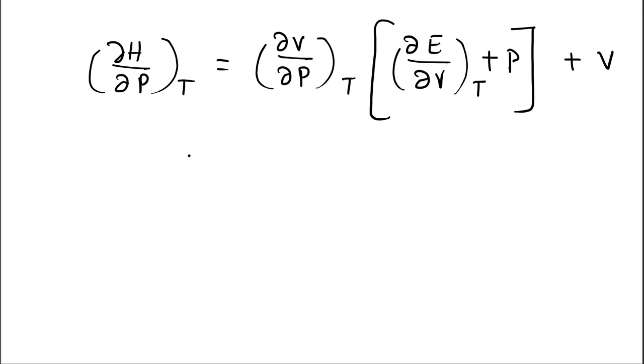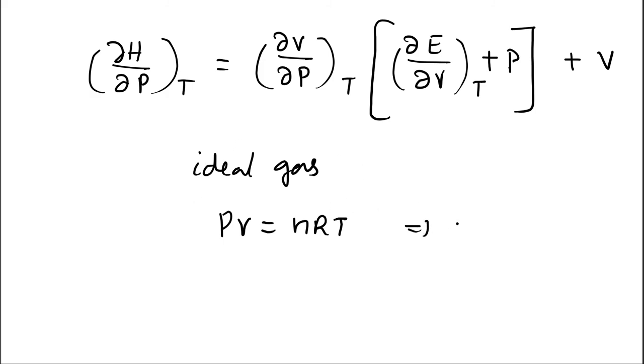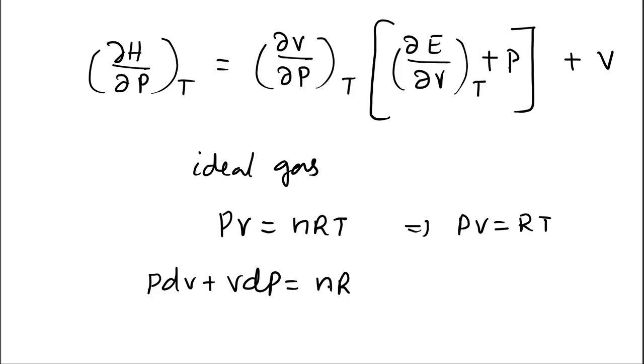Now this is for an ideal gas. Ideal gas, what is the equation? PV equal to nRT. So let's take 1 mole of gas, that gives us PV equal to RT. So if we take the differential on both sides, that gives us PdV plus VdP equal to RdT.